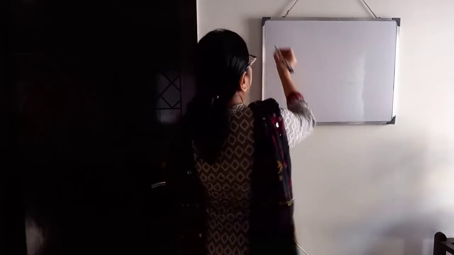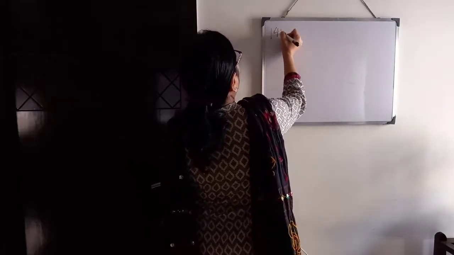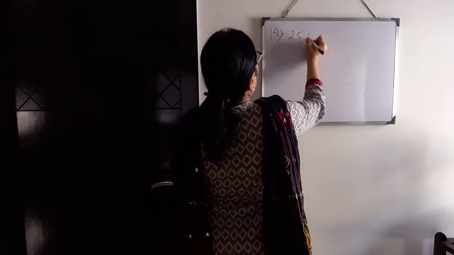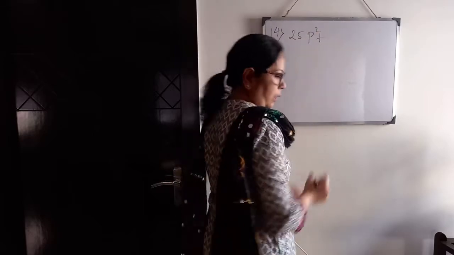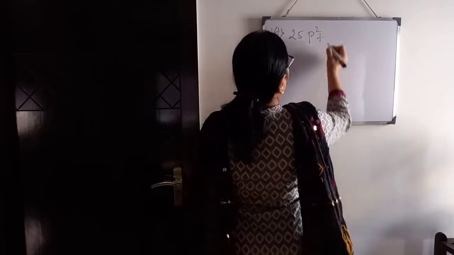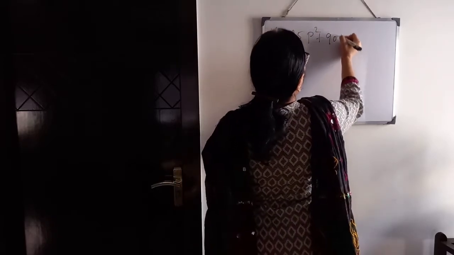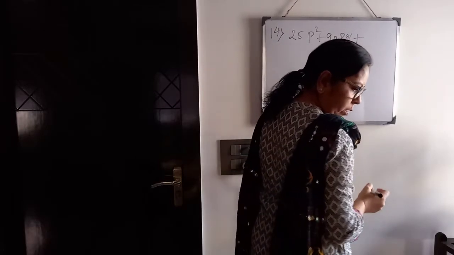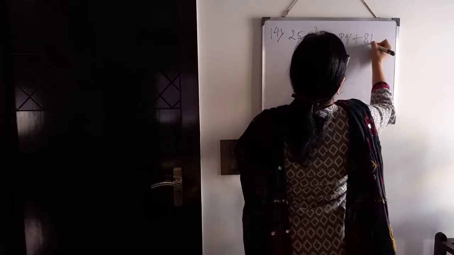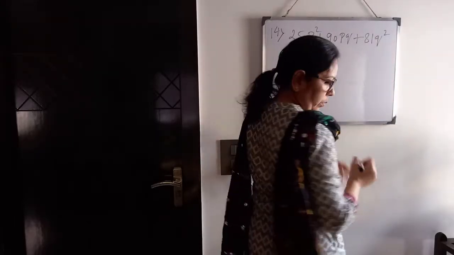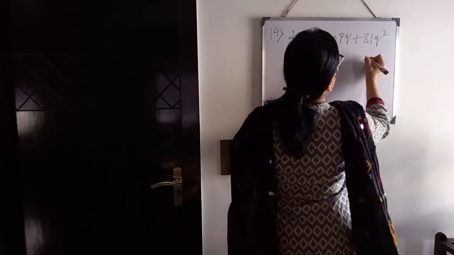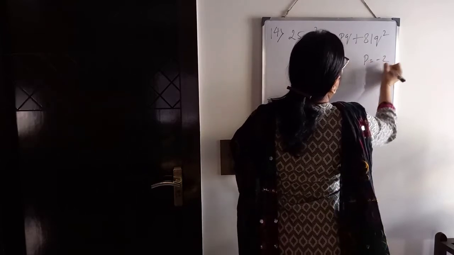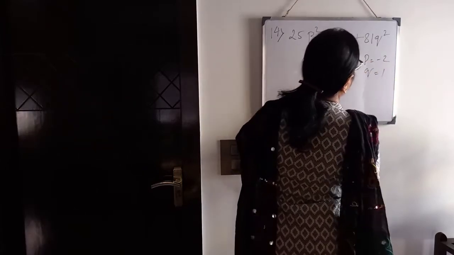Number 14. 25p square plus 90pq plus 81q square. The value of p is given minus 2 and q is given 1.